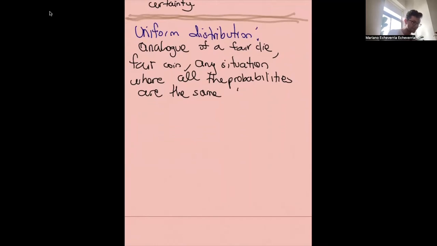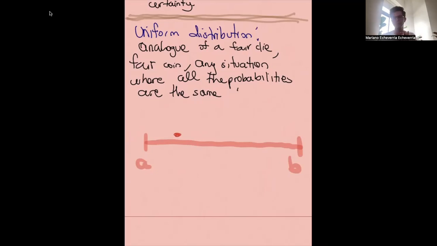Let me put a different color. Okay. So imagine you have a finite interval, A to B, and you have a particle, right? But you don't know where the particle is located. So in that sense is why it's random, right?